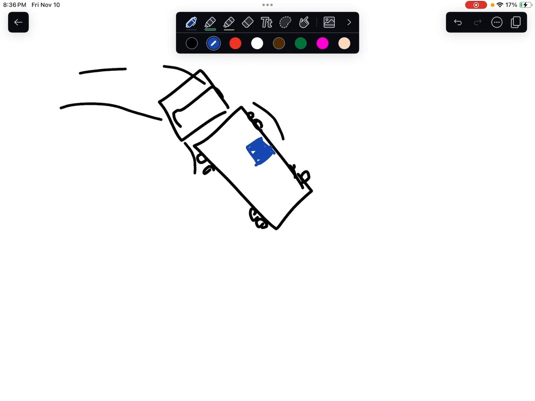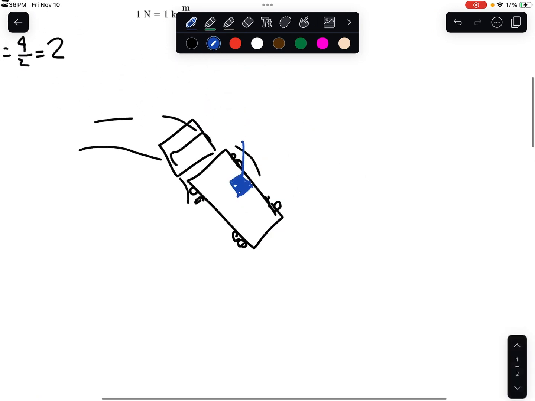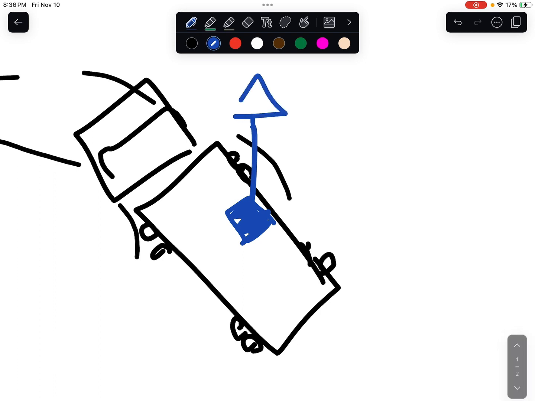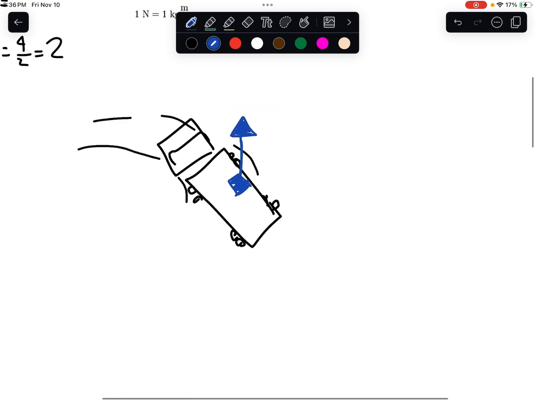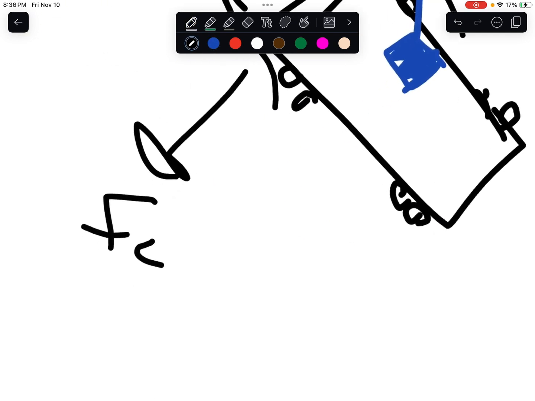Because the ice is already going this way, right? When the ice started out, it was accelerating with the truck upward, not upward, but forward. Upward for me, but forward for the truck. And as the truck turns, the force that's keeping the truck to the center, the centripetal force, is caused by friction in this case.